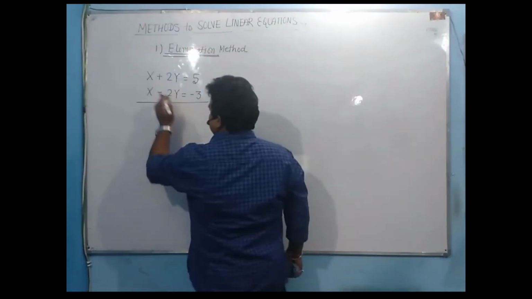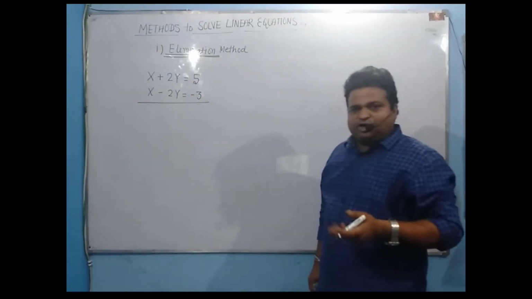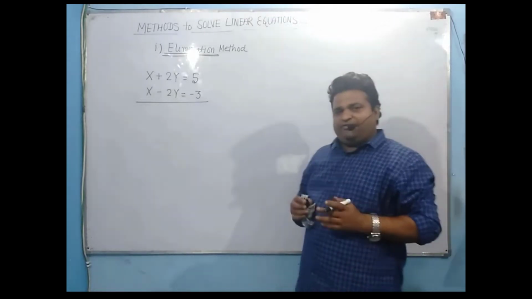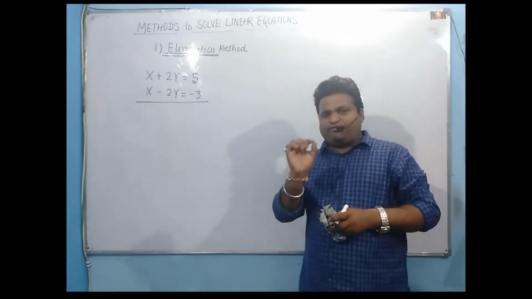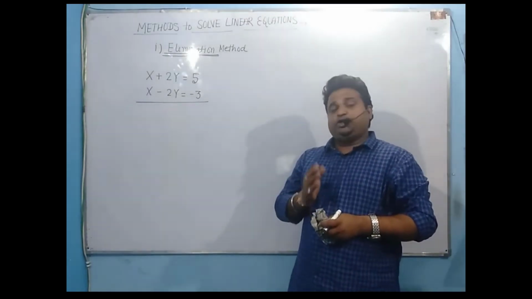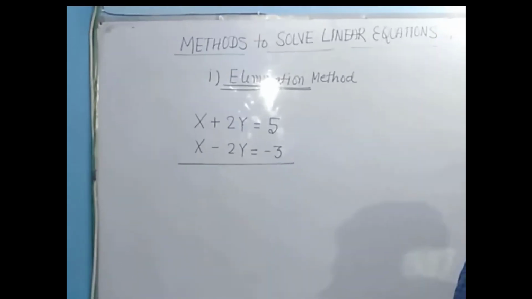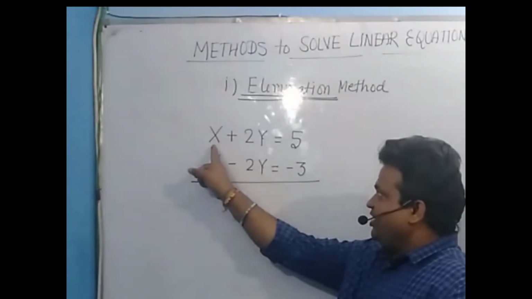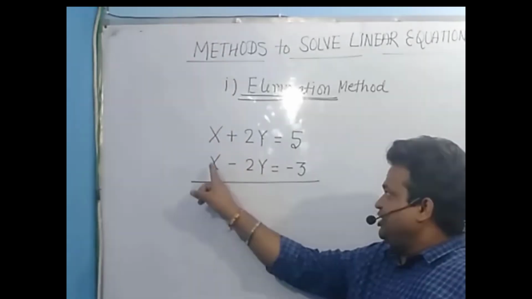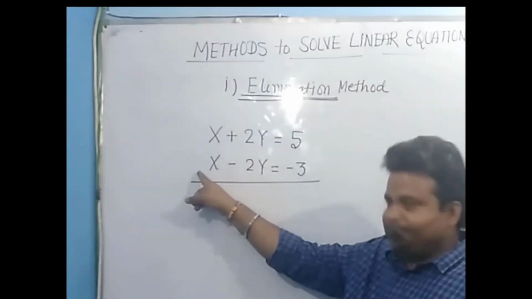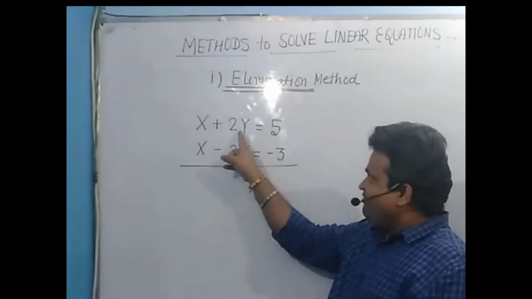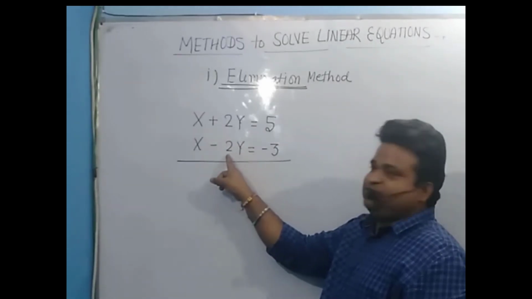So in this case, the concept of elimination is whenever the coefficient of either variable is equal, you can eliminate it easily. Here the coefficient of x is 1, which is equal in both equations. The y coefficient is 2, and the y coefficient is also 2.